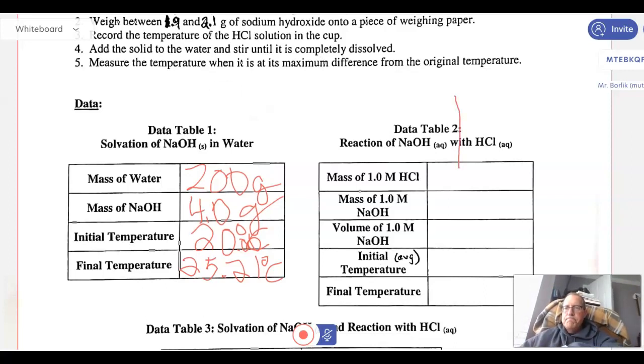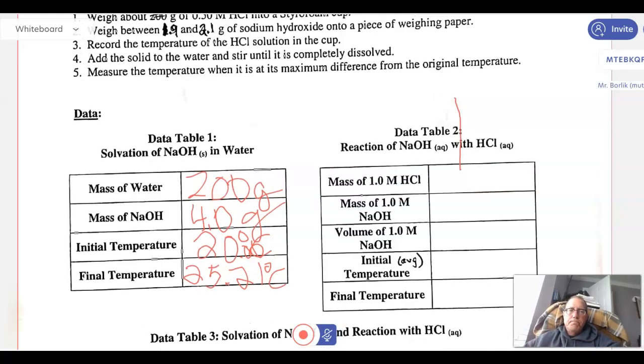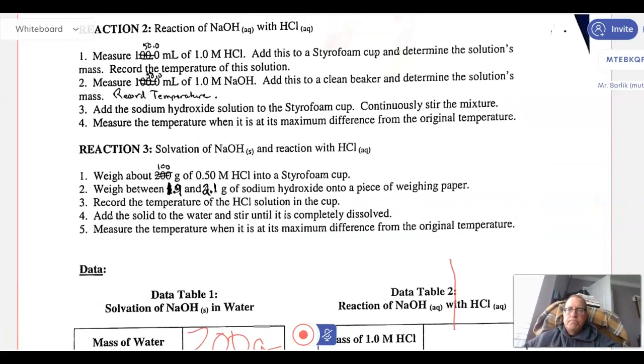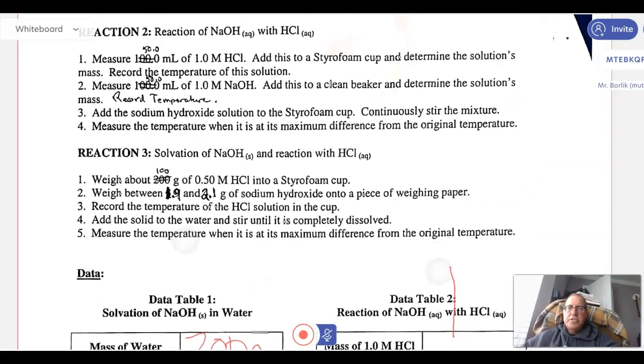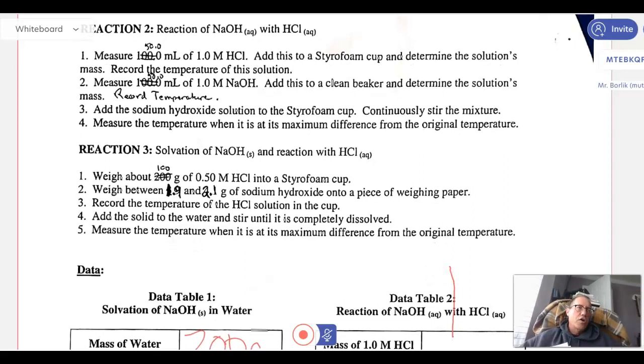All right, let's see what it says here that we need to do. All right, so for reaction 2, we're taking that strong base solution, it's aqueous, and we're also taking the hydrochloric acid, which is a solution also. It says measure 50 milliliters of 1 molar HCl.